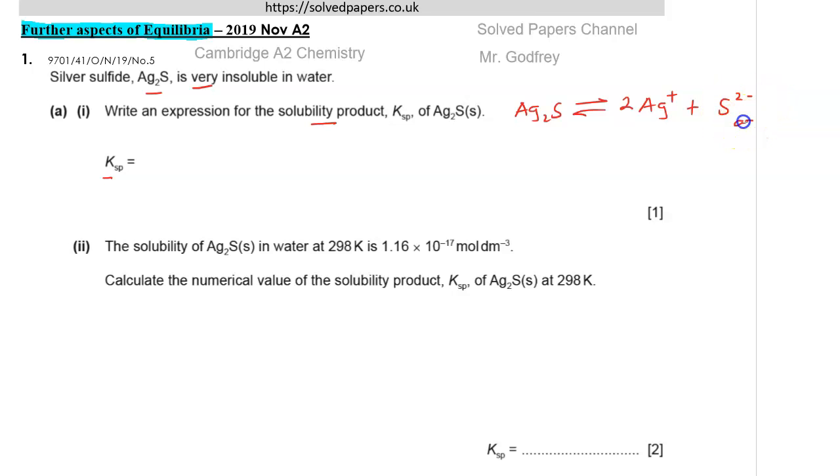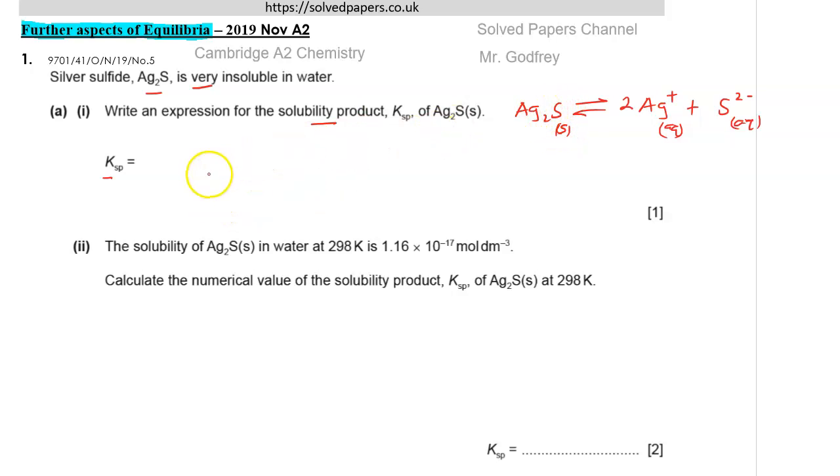Of course, in solution it will be aqueous, but remember it is very insoluble. It will only get into solution very little of it. Therefore, we have our reactants and our products there. The concentration of the reactants will be on the left hand side. And remember, this is solid. The concentration of a solid is usually taken to be 1.